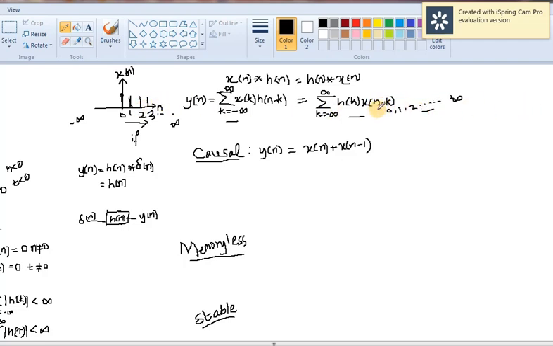Then the system is satisfied for causalness, like the output of the system depends on the present and/or past values of the input signal.